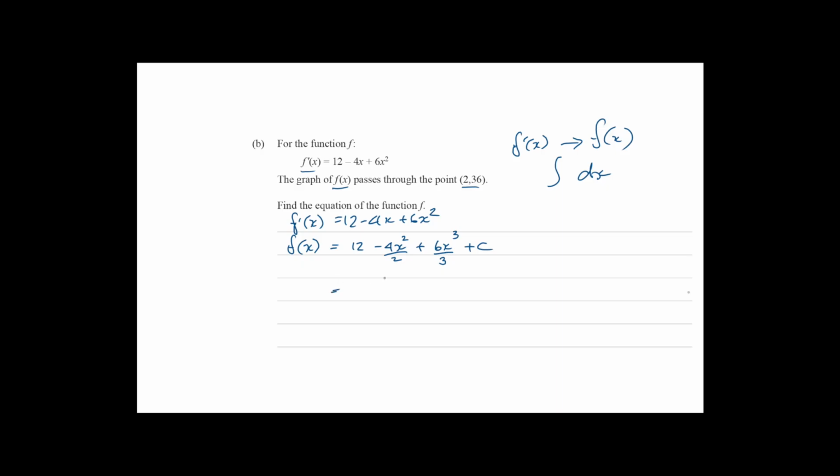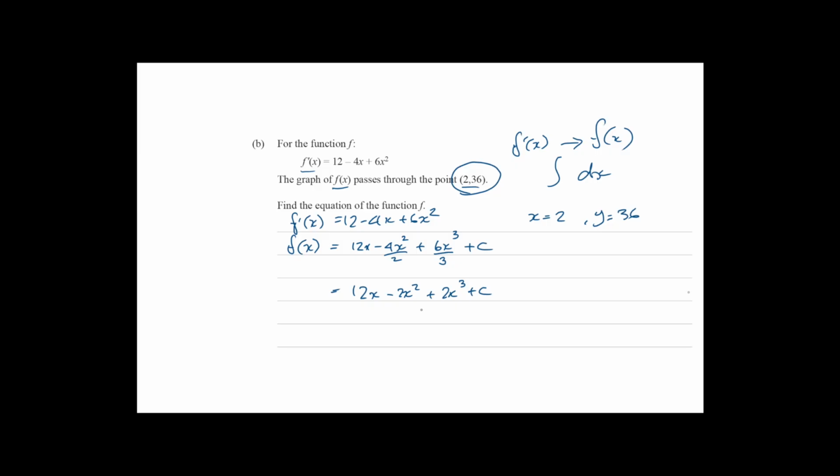And let's just tighten it up a little bit. So that's 12x minus 2x squared plus 2x cubed plus c. So we don't know what c is, but we've got a big little help there, and it tells us that when x equals 2, y equals 36.